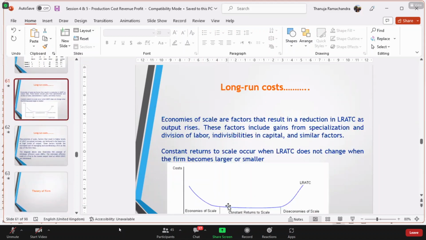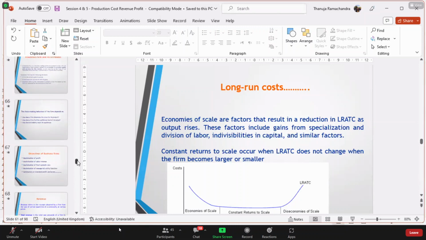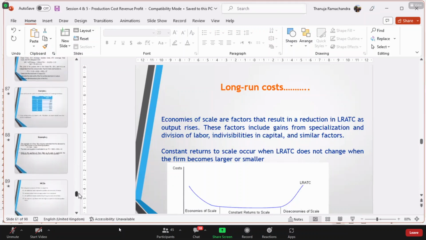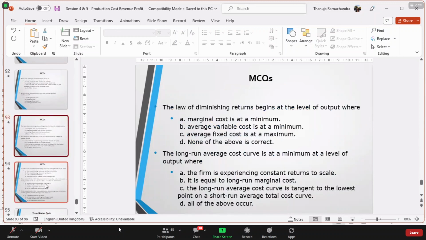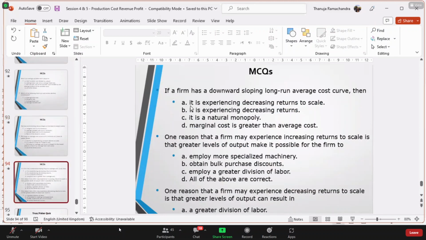This is downward, this is flat, this is upward. So the question is this downward sloping, isn't it? You say C. The moment you see the question, you should remember the curve. So it is a downward sloping long run average cost curve.